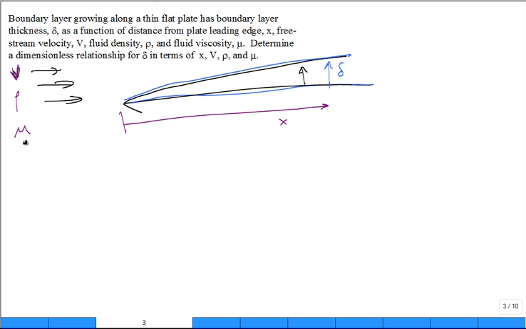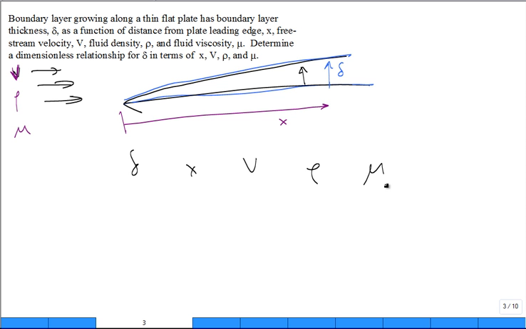So now determine a dimensionless relationship for the thickness of the boundary layer in terms of x, the distance from the leading edge, V, the velocity of the free stream, rho and mu, the properties of the fluid. So we'll make a list: delta, x, V, rho, mu. Do we have any other parameters?